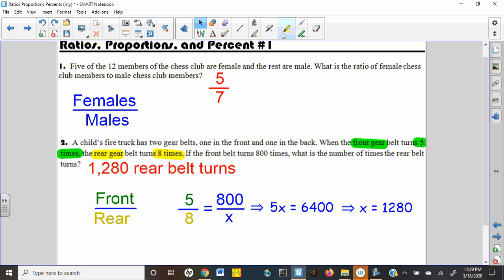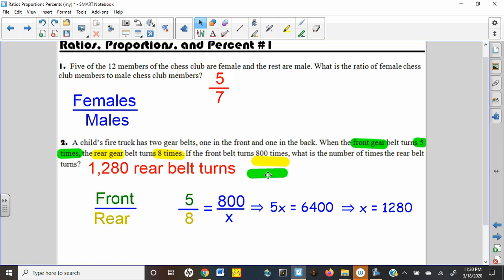It's really important now that we understand which of the colors, yellow or green in this case, is the 800, because it needs to correspond with either the front or the rear. I think a lot of people, without even glancing, will just want to put the 800 corresponding with the 8, because they have the 8s.